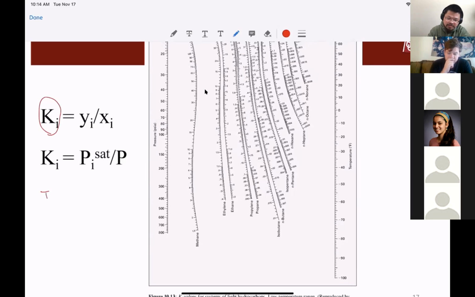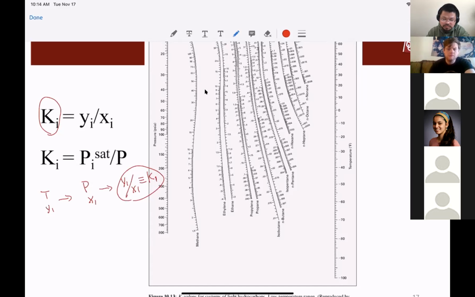For example, if I know the temperature and the y, then I can calculate the P total and the x, right? And from there, I just need to go one more step to construct this slightly different diagram, which means the yi and xi diagram. This is called the capital K diagram of petroleum engineering.